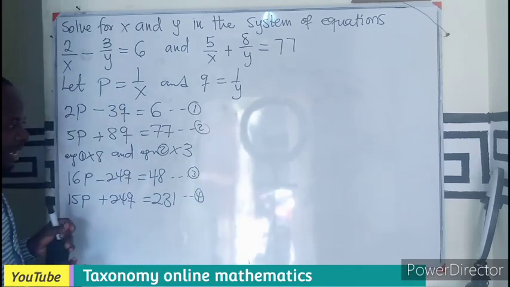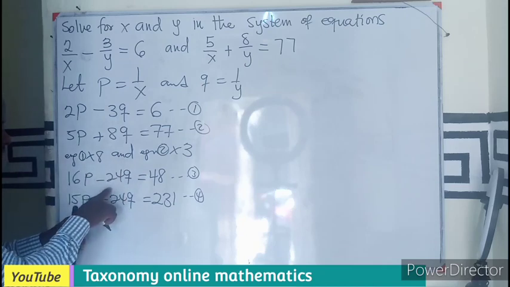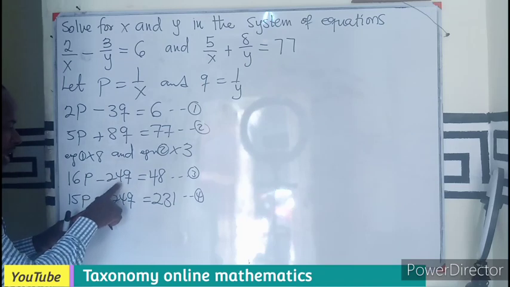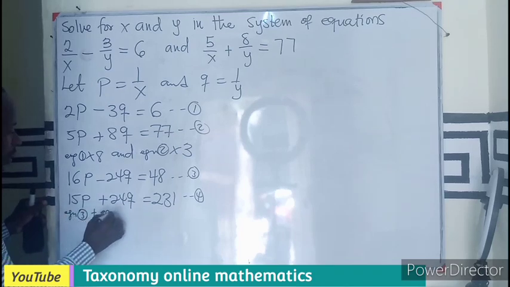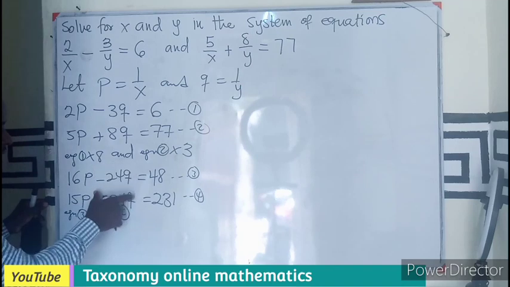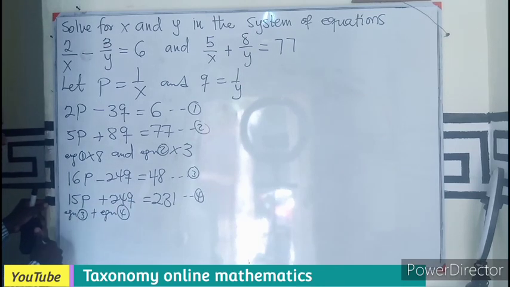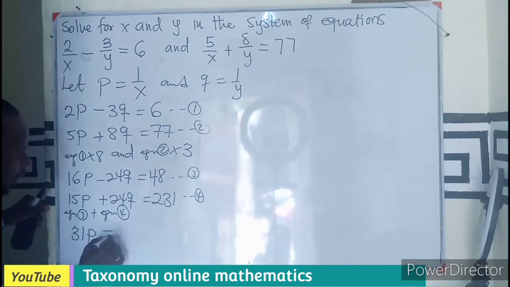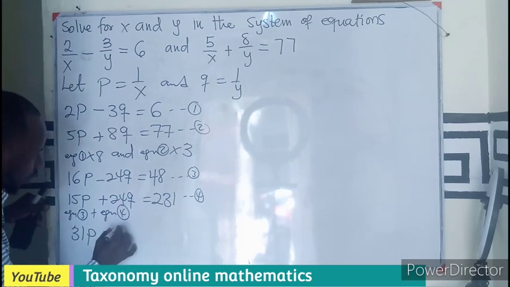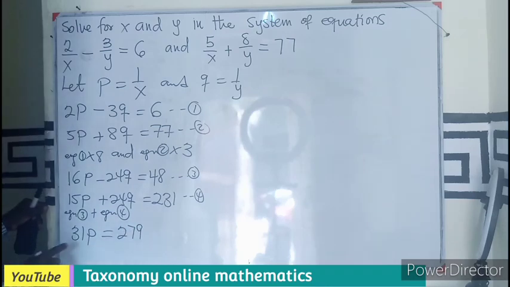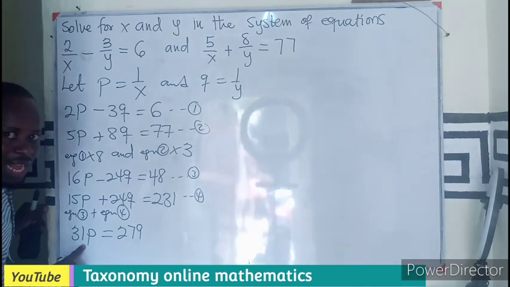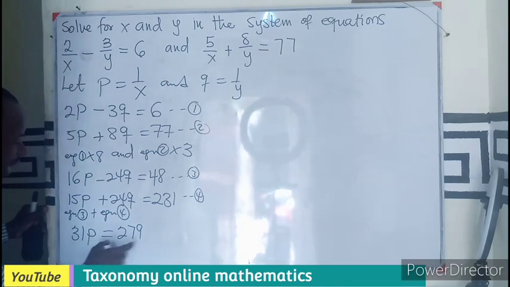What happened next? I said earlier that I can easily eliminate q because the signs are alternating and the coefficients are the same. So we have equation 3 plus equation 4. If I add, the middle is going to be 0. I'll be having 15 plus 16, that will be 31p equals 279. But my attention is on p, so we divide both sides by the coefficient of p, 31.